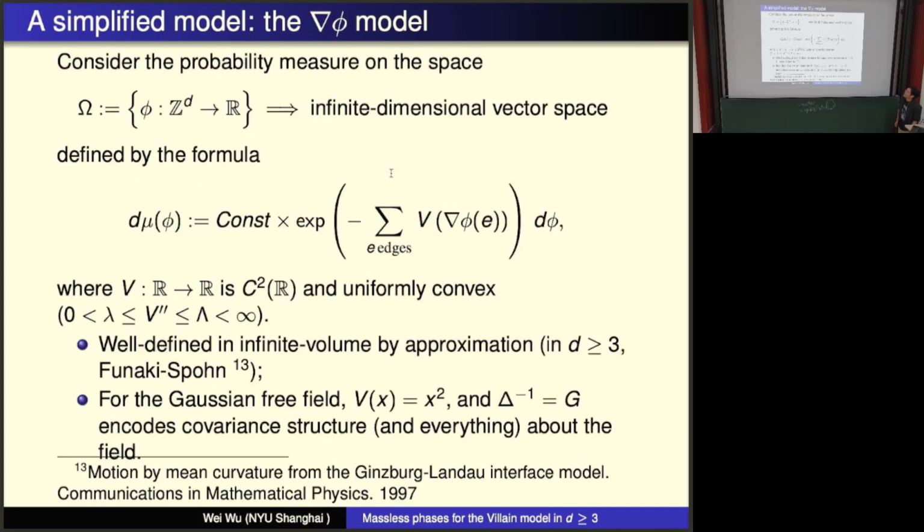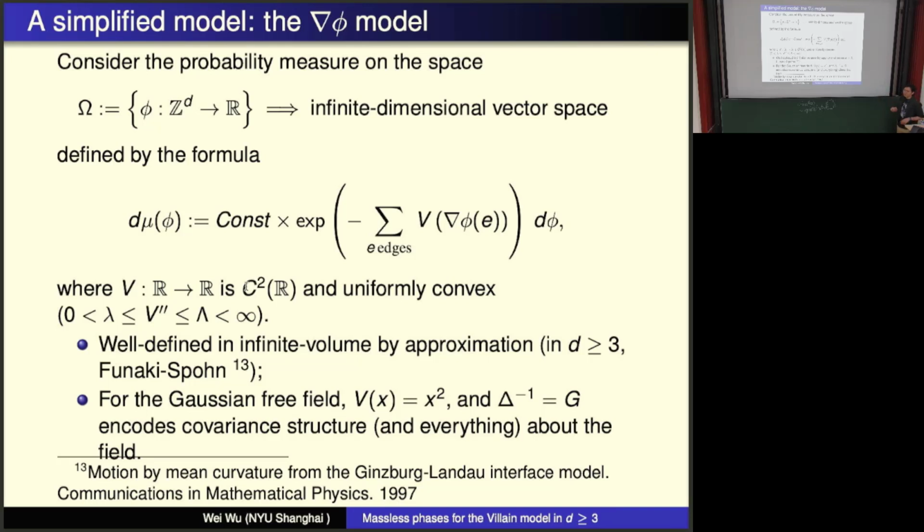So what is the gradient phi model? If you have a Gibbs measure which is real valued, and if you have a grad phi squared, that is the Gaussian free field, but the gradient phi model just replaces the grad phi squared by a uniformly convex function that has second derivative bounded above and below.